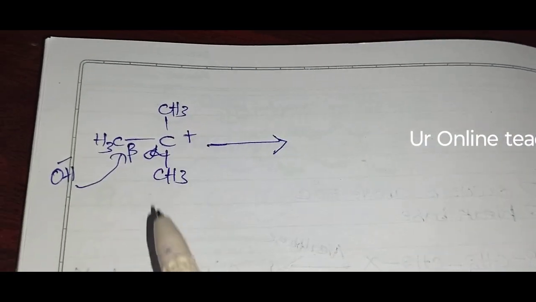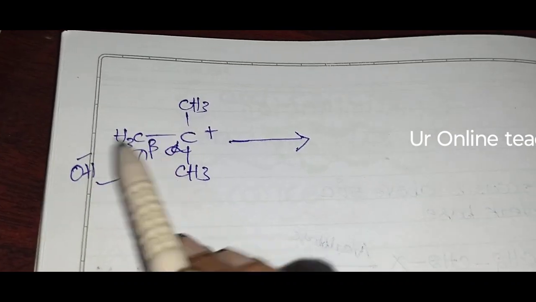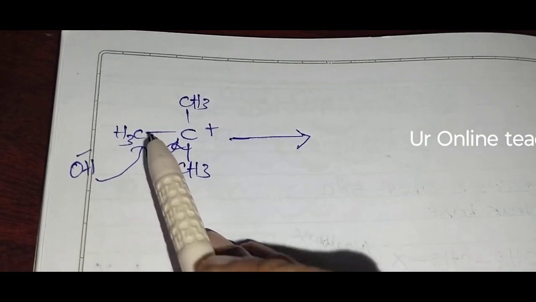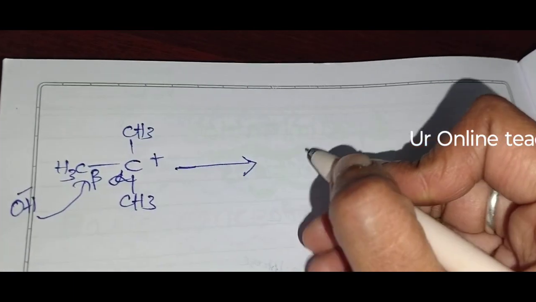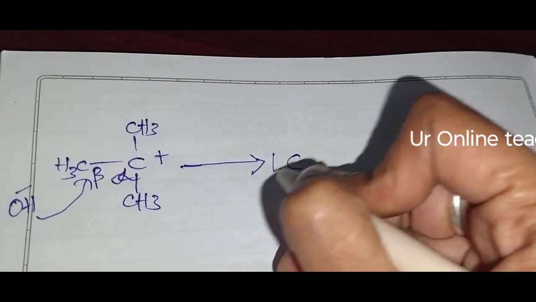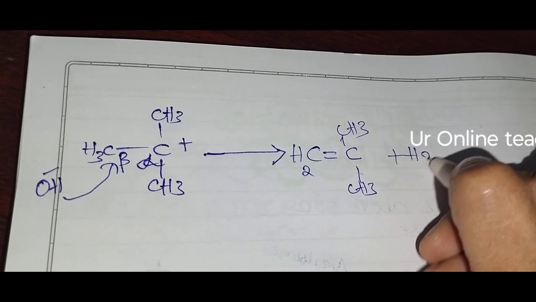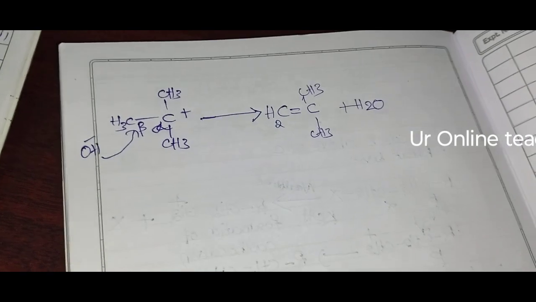The attack of the nucleophile on the carbocation is the second step. Here the beta carbon should be attacked with the OH minus group present in the alcohol. So it will form CH2, double bond is formed, CH3, and water is removed. So these are the two steps.